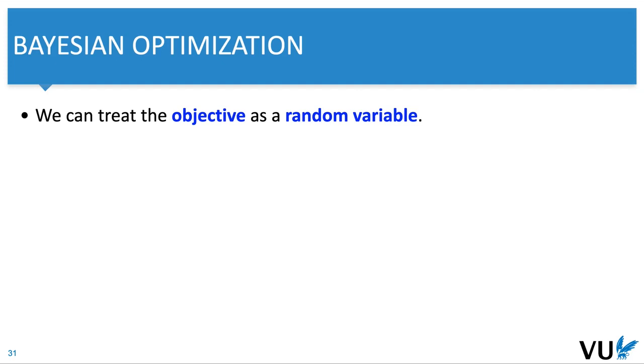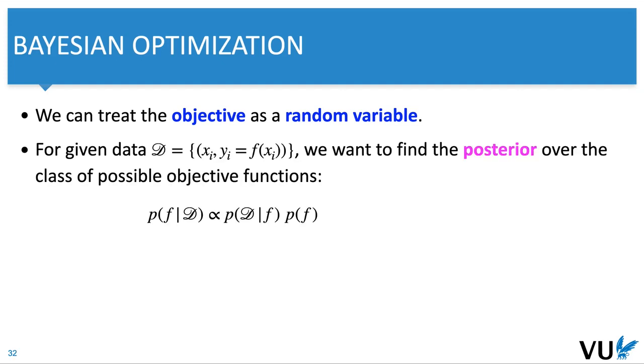We don't know the objective, but we can treat it as a random variable. Now it is not maybe a vector. This is a function by itself, but we don't know what the function is. But we can assume that this is a stochastic quantity. It is random. So now what we'll do, we have some given data.